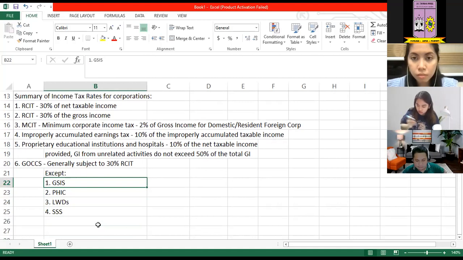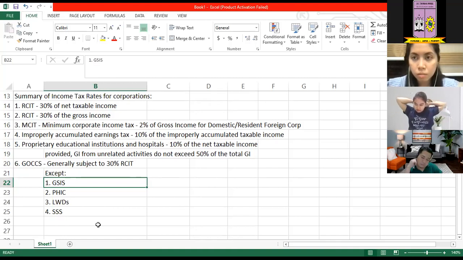Puntahan yung mga charter nila. Nakasaad kasi sa charters nila na exempted sila from regular corporate income tax. Pero kung walang sinabi yung charters nila, yung law creating these government corporations, then generally masasubject talaga sila sa 30% regular corporate income tax. Okay?